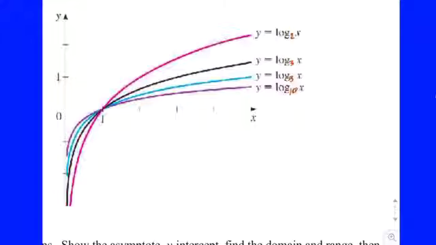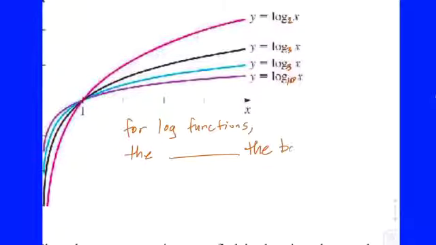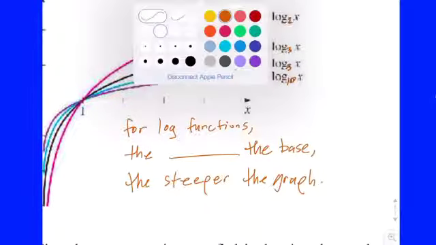Okay, logs are the inverses of exponentials, right? So what can we say here? For log functions, comma, the blank the base, comma, the steeper the graph. Smaller. Yeah. You filled that blank in before I finished writing it. That's good.